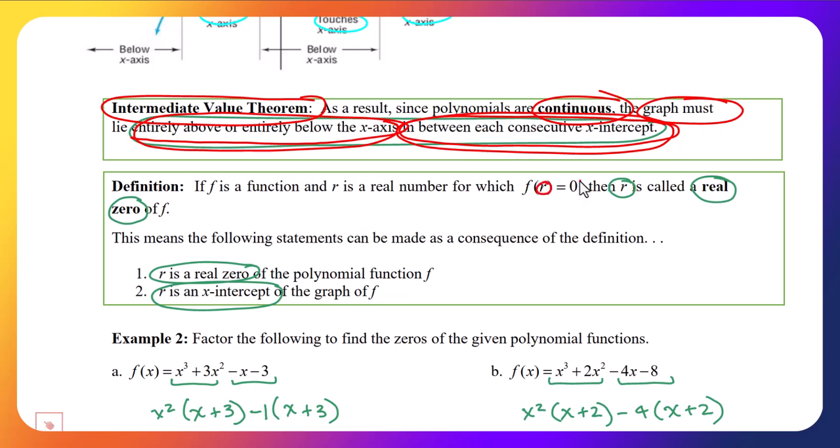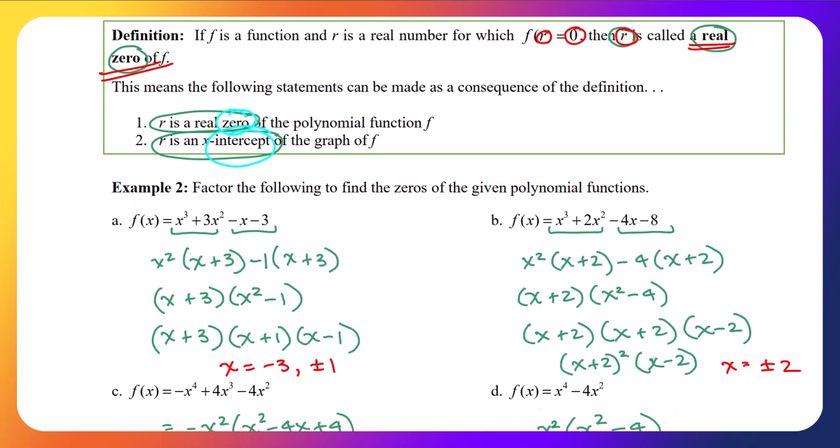So if a value makes the equation equal to 0, then that value is going to be called a real zero. And there is a relationship between zeros and x-intercepts. So here we factor by grouping. The first two have a common factor of x squared. The second has a common factor of -1, or just a negative, whatever works for you.